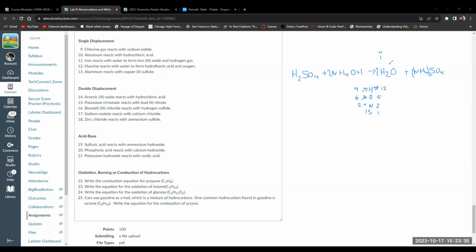And then in terms of oxygens, we have 2 plus the 4, 6. Did I count my hydrogens right? 2 here, 8, 10. Oh, I did. This is supposed to be 12. I forgot to count the acid ones. So 2 times 4 is 8, plus an additional 2 makes 10, plus the 2 from the acid gives me 12.